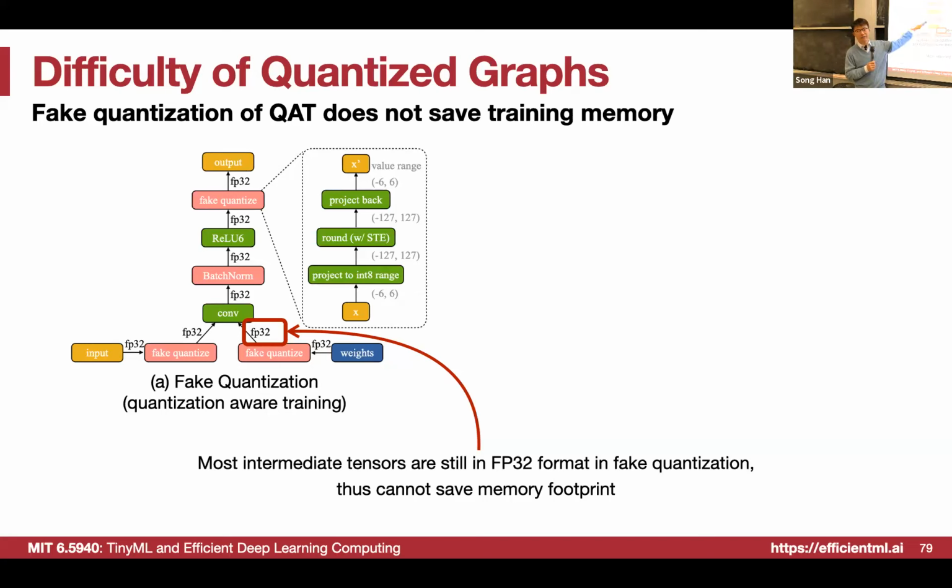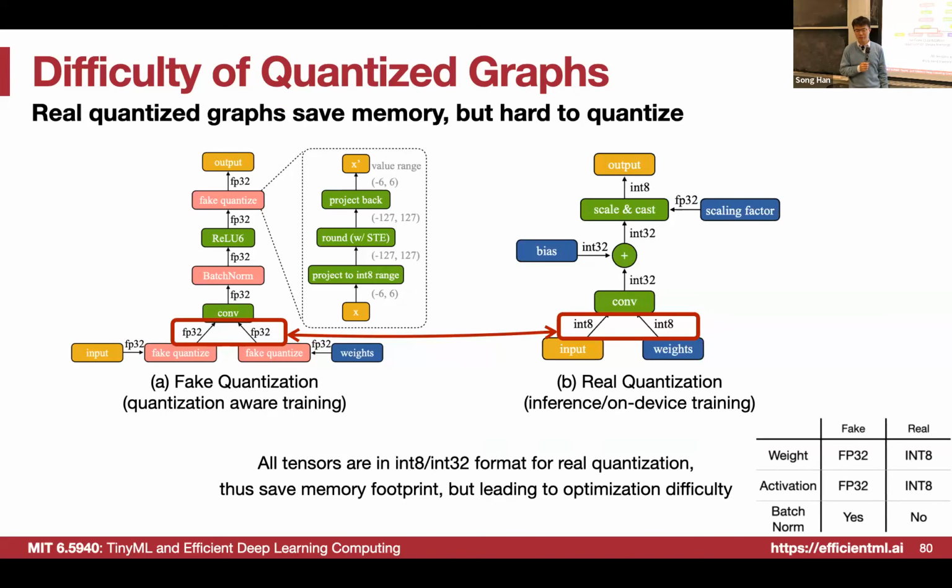So it doesn't save the training memory, because at training time, everything like the convolution is still happening purely in FP32. It's using an FP32 number to represent a quantized int8 number. It cannot save the memory footprint. So a real quantized graph can actually save the memory, but it's hard to quantize.